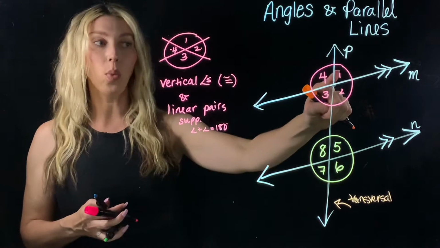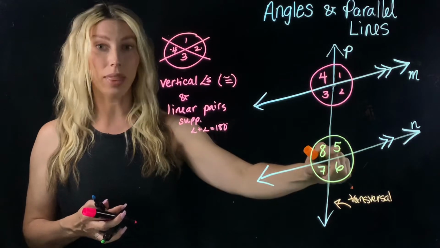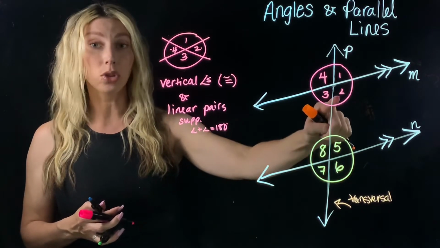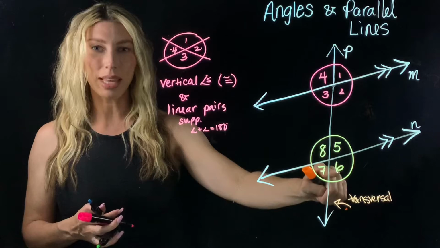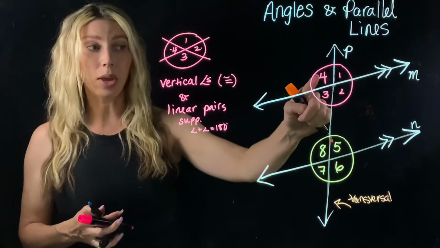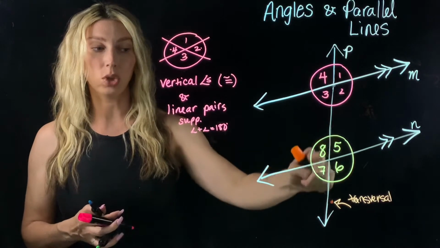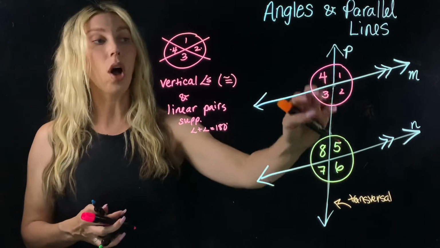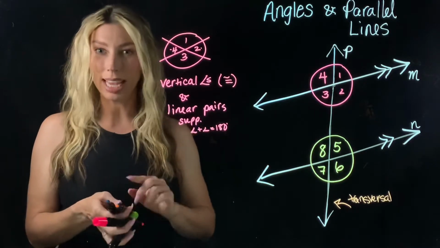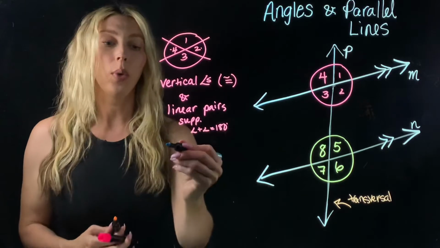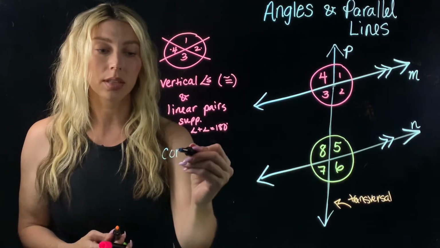Meaning whatever angle 1 is going to match exactly with angle 5. And whatever angle 2 is going to be exactly the same thing as angle 6. And the same thing with 4 and 8, as well as 3 and 7. We call those angles that are in the same place but at a different circle corresponding angles.